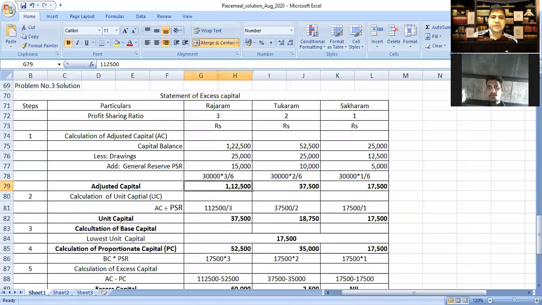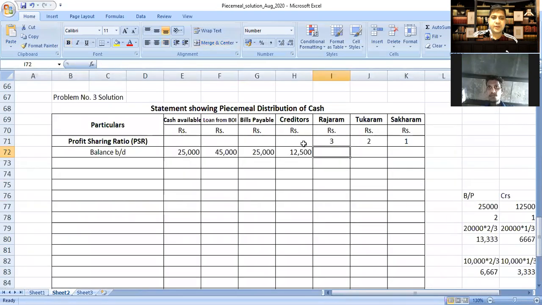This adjusted capital we will record here. So we recorded the adjusted capital after recording the balance.